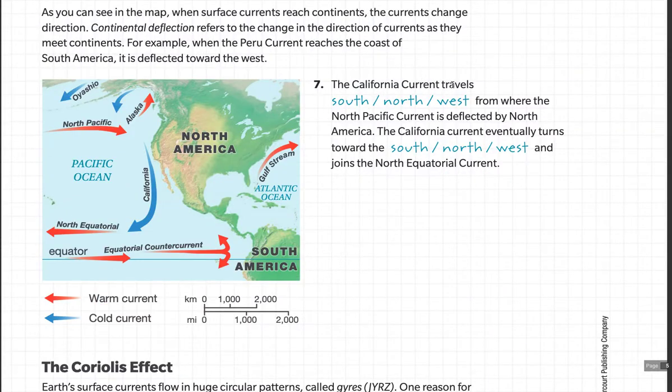So the California current travels south. From where the North Pacific current is deflected by North America, the California current eventually turns to the west.